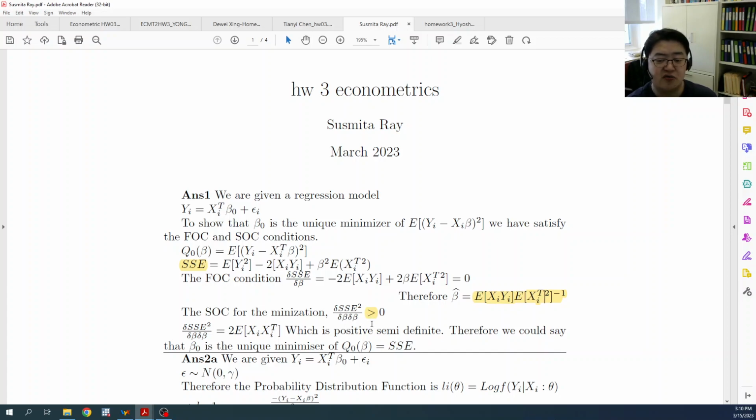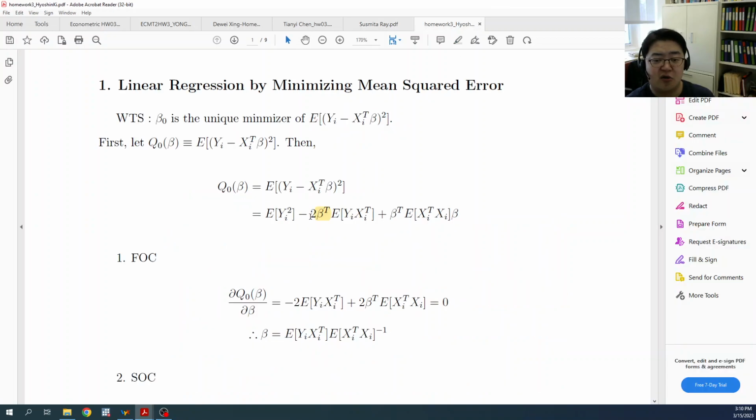And also this notation is not appropriate. You have to say strict positive definite. And here, dimension mismatching. y is a scalar, x is a k by 1 vector, beta is a k by 1 vector. So you want to take the transpose of one of them, right?